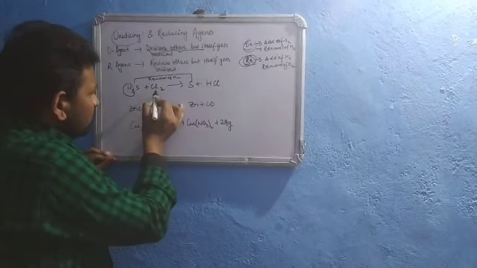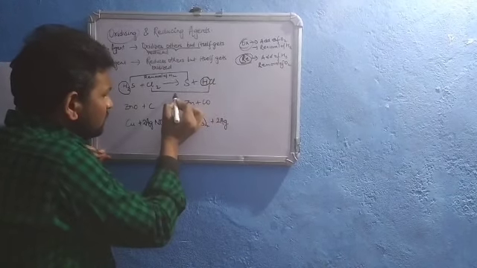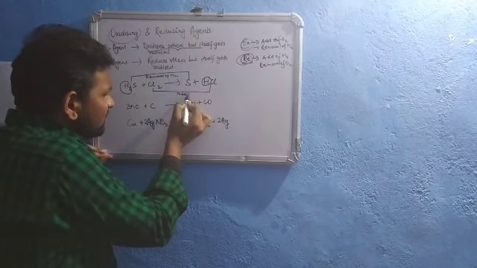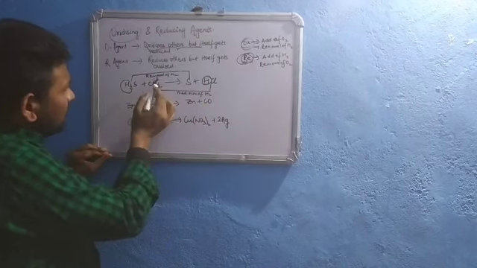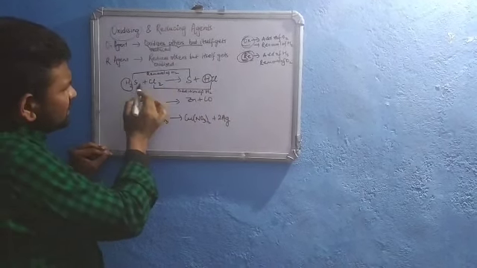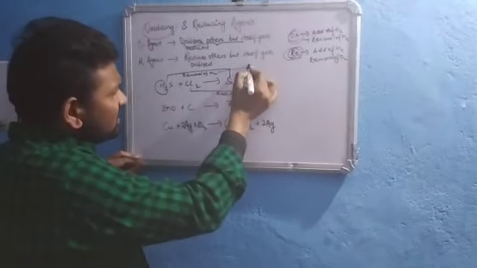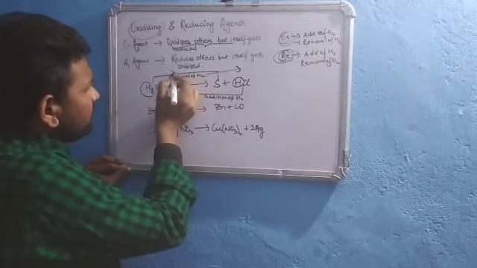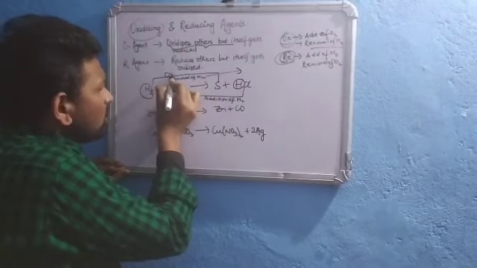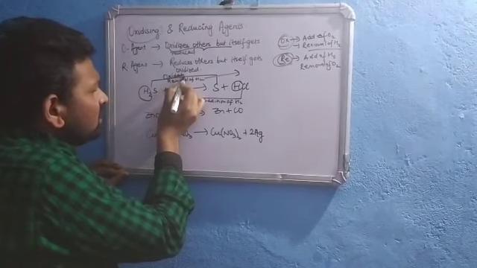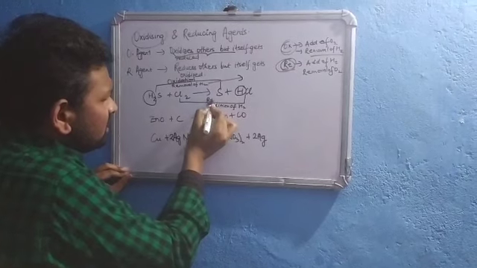Here you can see hydrogen is being added, so here we are having addition of hydrogen. Removal of hydrogen means this is oxidation. Similarly, addition of hydrogen means this is reduction.